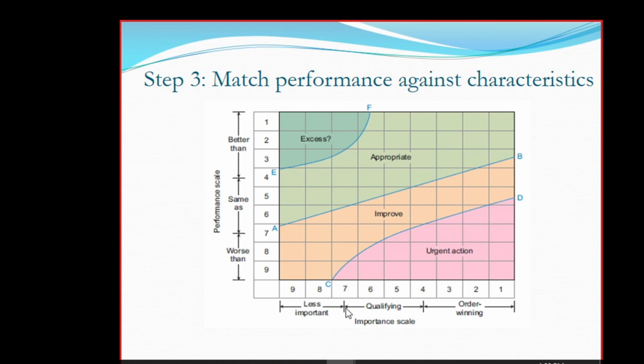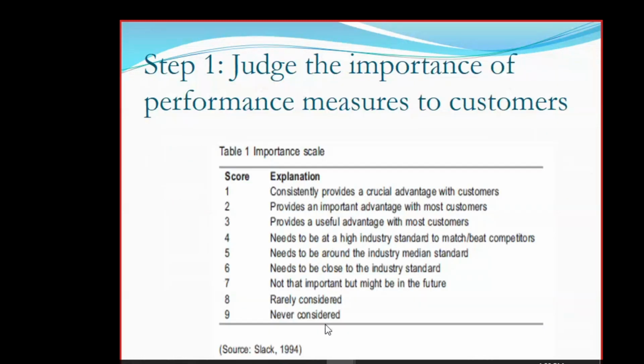If your importance scale is high, 9, remember 9 means... let's go back. 9 means never considered. I don't mean bad in quality, but 9 means the customer never considered this feature. He doesn't care about the color.